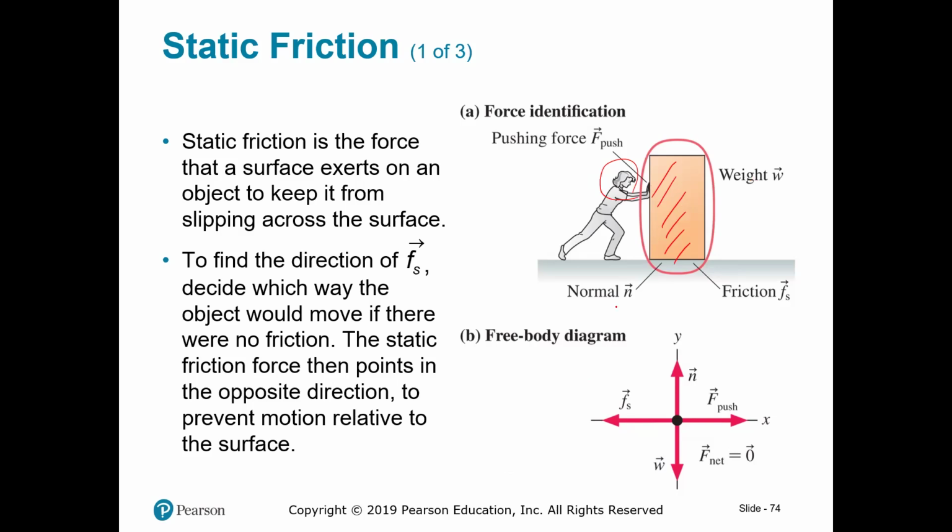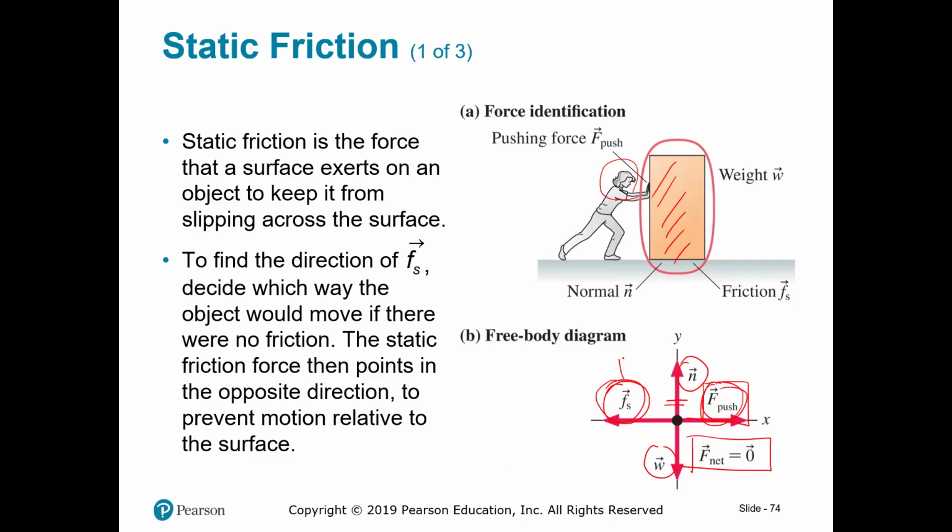What does that mean? There are actually four forces: normal force, weight, your push force, and static friction force. Because net force is 0, your push force is the same as the static friction force, right?